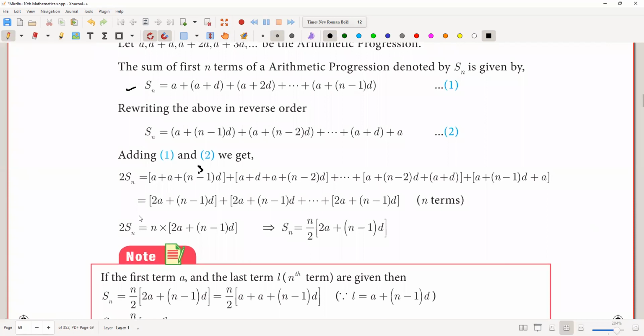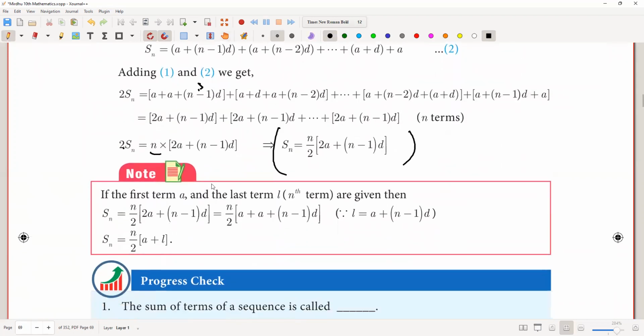N times. So this 2 comes below. The formula is N by 2 into 2A plus N minus 1 into D. Here also N we can find with the same formula, last term minus first term divided by D, plus 1. Applying that, you will be getting Sn. We have 2 formulas. N by 2 into 2A plus N minus 1 into D.